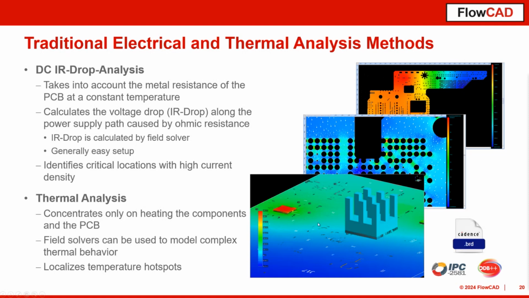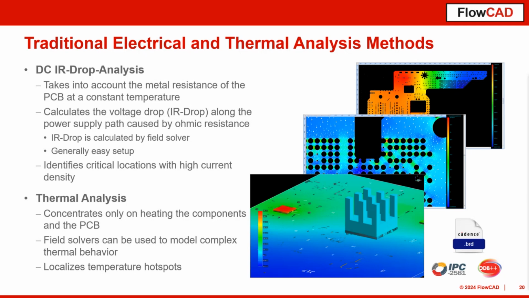And of course, we also have to consider that current creates heat inside these copper structures, and this changes the conductivity of copper, so we have to consider these effects in the electrical analysis as well. In addition, we also have to take into account the thermal aspects of components.